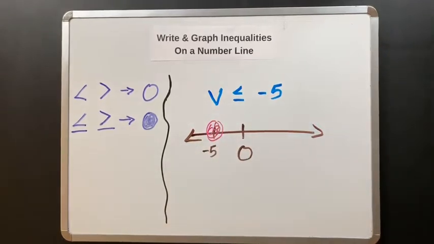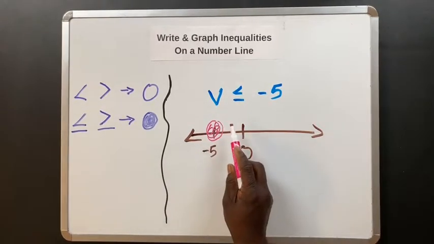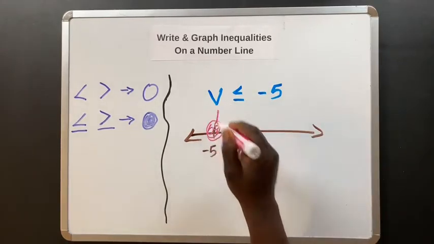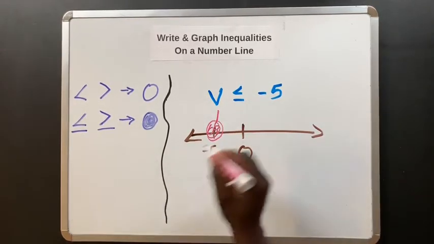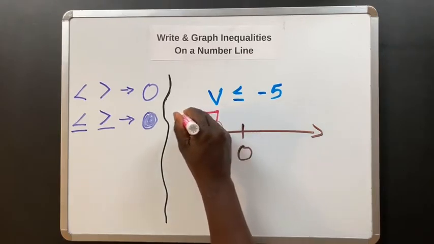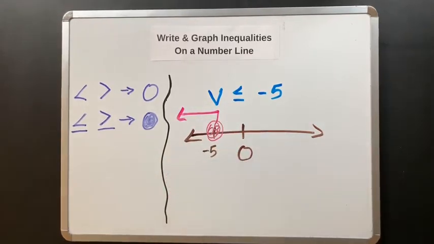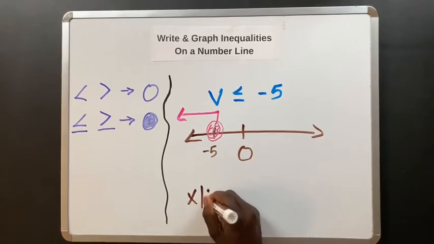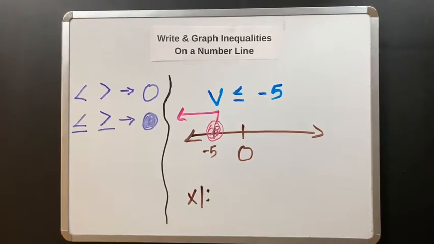Okay, and it says less than -5. The values of V that are less than -5 go to the left or the right? Yeah, it goes to the left. These values are less than -5. Okay? All right. So in this case, what would be a set of solutions that make this inequality true?